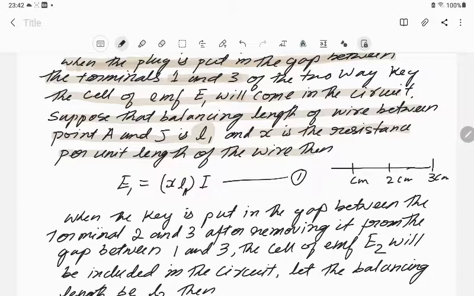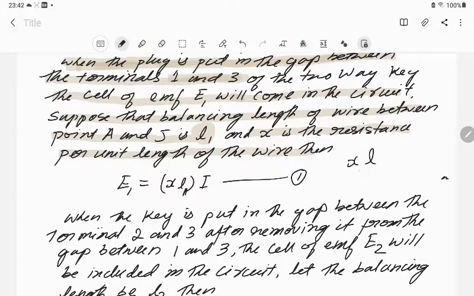X is resistance per unit length, means 1 centimeter resistance is X. So 2 centimeter resistance will be 2X, 3 centimeter resistance will be 3X, because in 1 centimeter the resistance is X, and we know that resistance is directly proportional to L. So for L length, the resistance will be X into L.